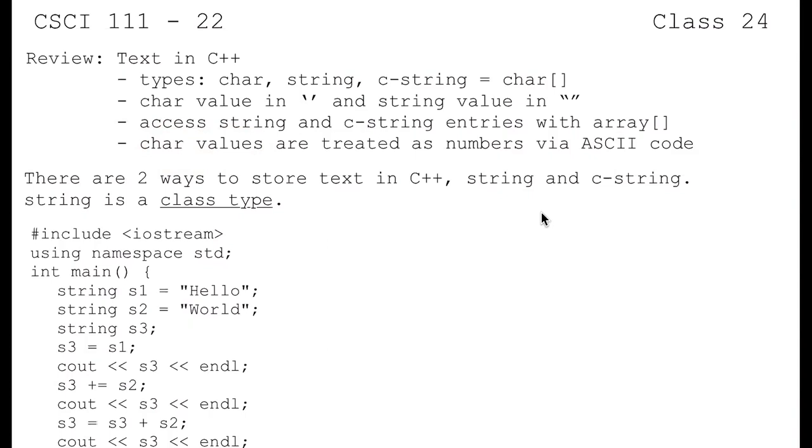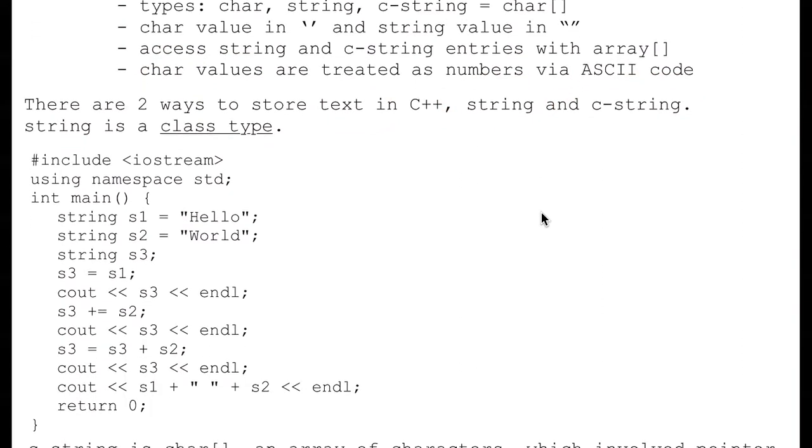We saw the example last class. Now, many of you asked, what's really the difference between strings and C strings? To store text in C++, when we say text here, we don't just mean one single character. We want to have some message, like a sequence of characters. So we mainly have two ways to do it, one is string and one is C string. Now, string is a class type.